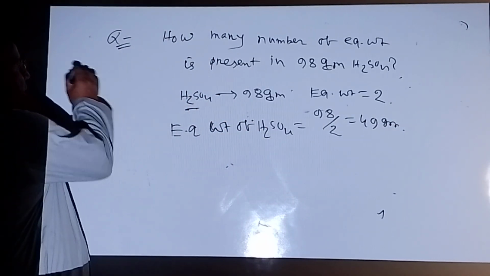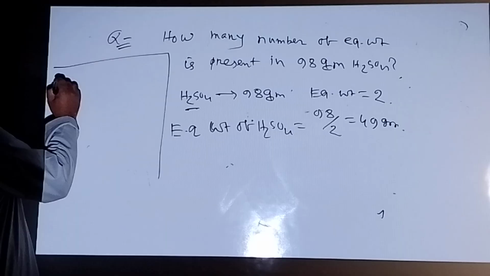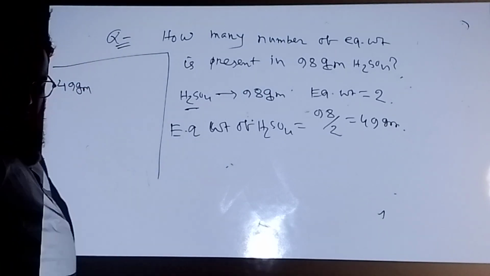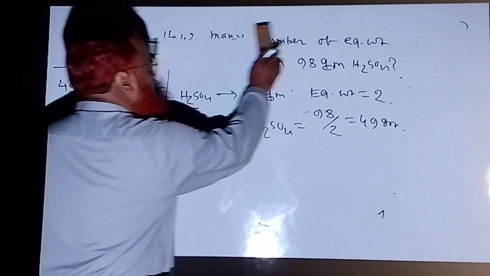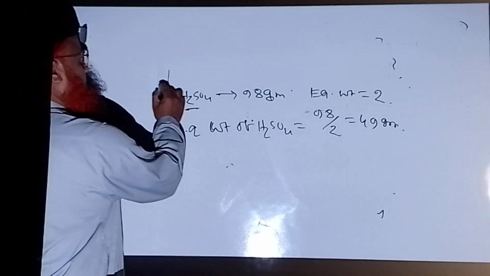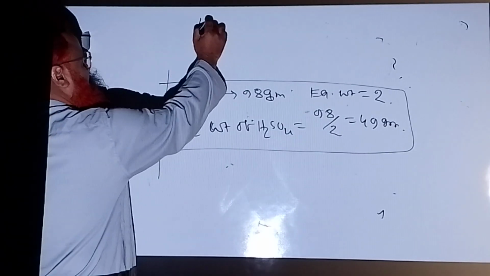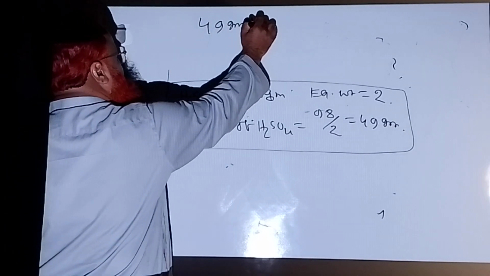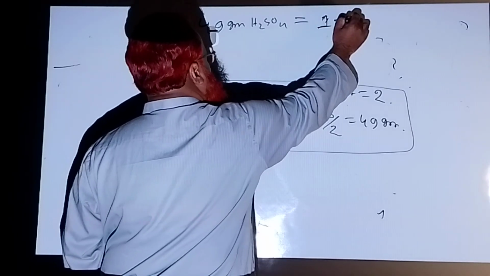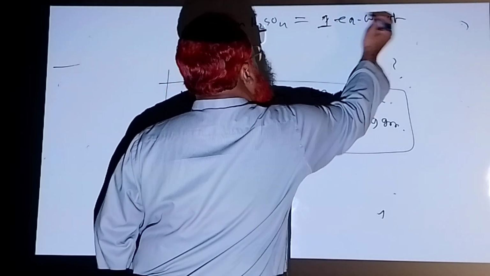So, look here, 49 gram H2SO4 equals 1 equivalent weight of H2SO4.